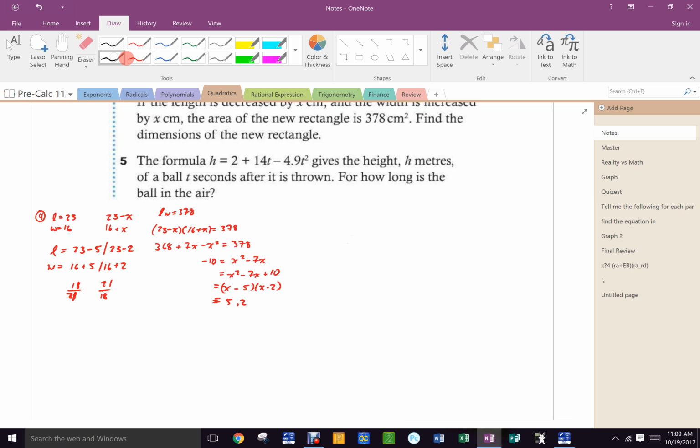Did anyone need to see 5? How do you know which way to do it? What do you mean? Like, can you not get either? So k squared plus 3k plus 2, you can factor.